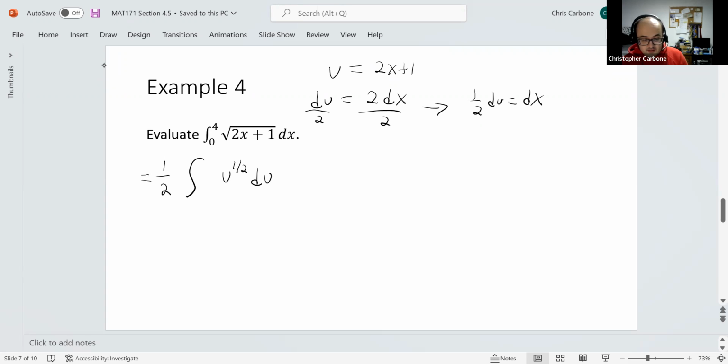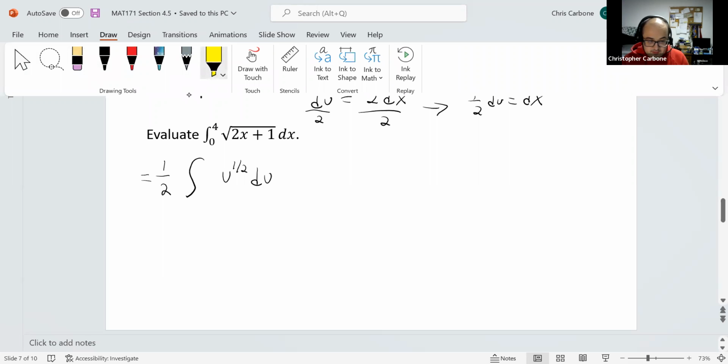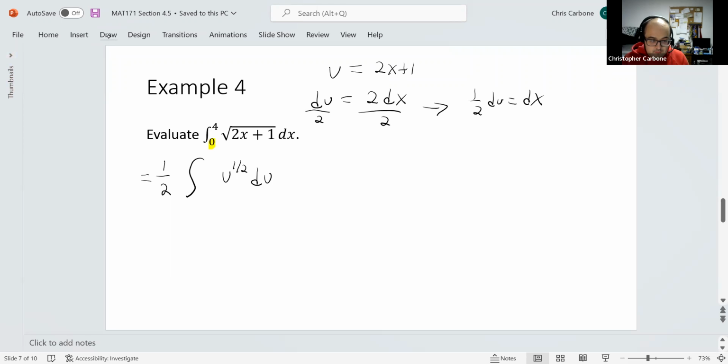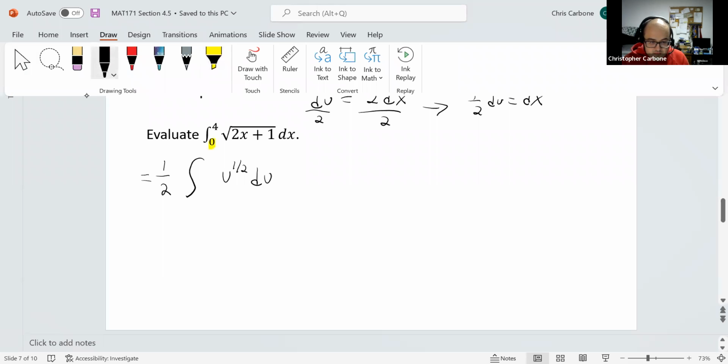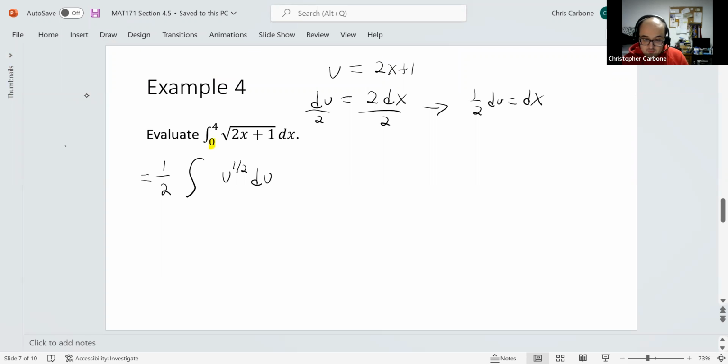But now for the terms of our integration here, the beginning and ending point, we could change them, right? So let's start with this 0 here. Since we have the formula here, we could apply that to change the terms of integration. So this would be 2 times 0 plus 1.